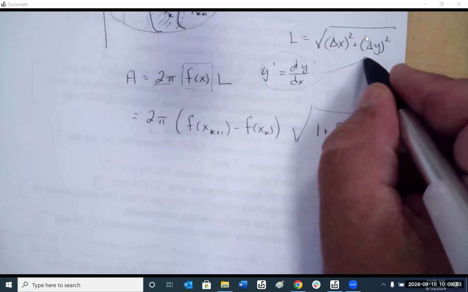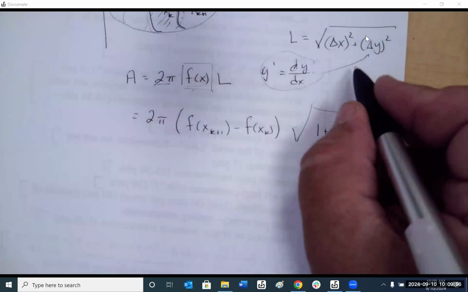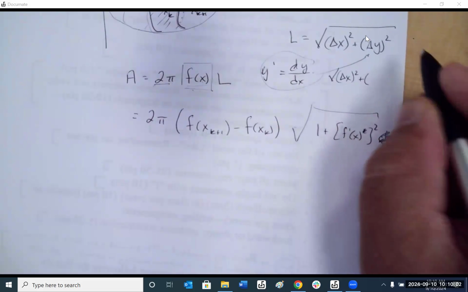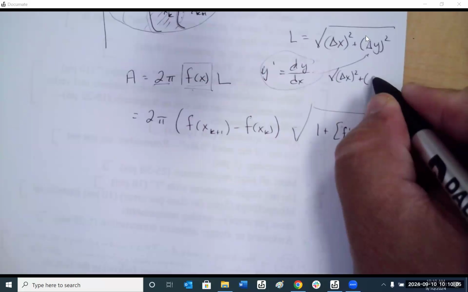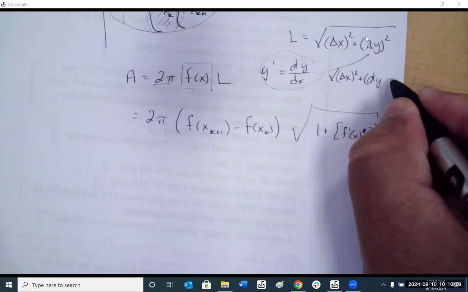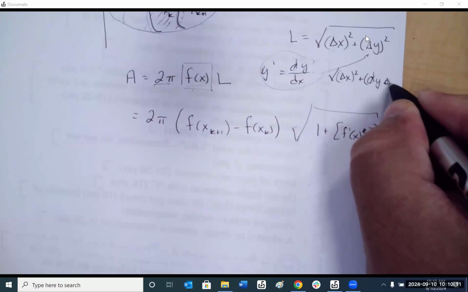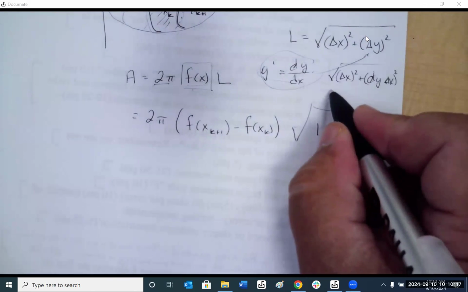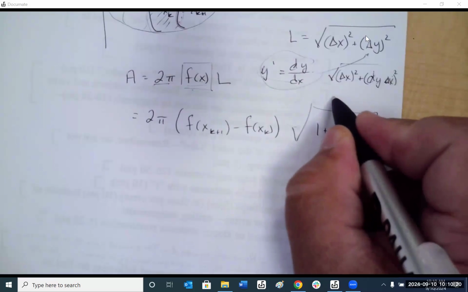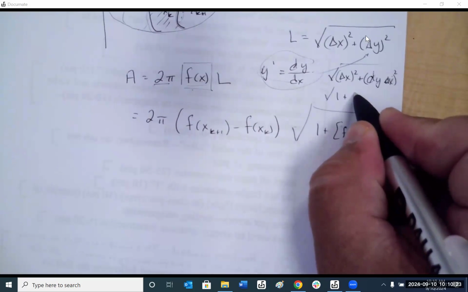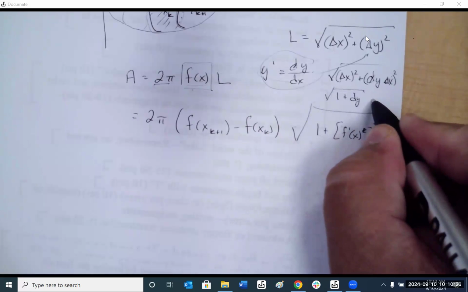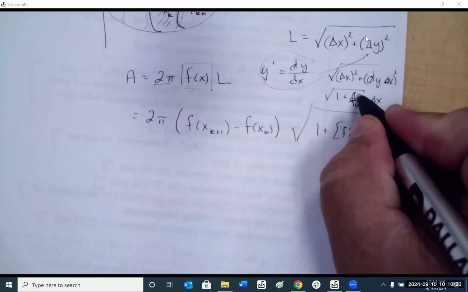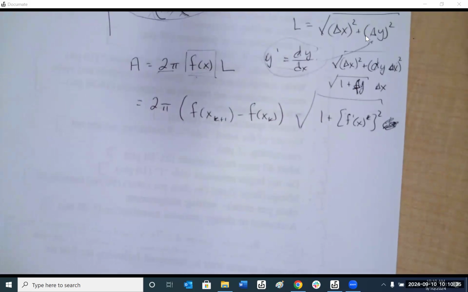So this is what actually goes in there. So what we have here is delta x squared plus dy delta x squared. We can multiply delta x to both sides. So since that's x squared, this is x squared. We now have 1 plus dy delta x, or the derivative, I should say, which is what we got this from.